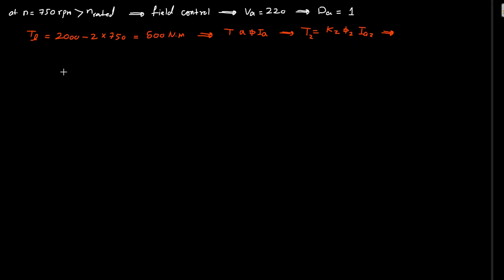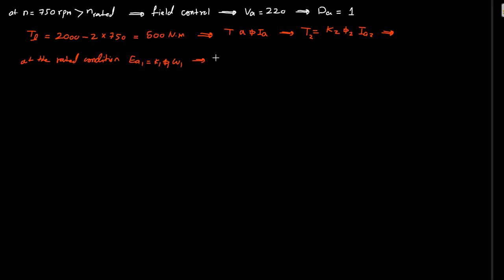Now we need to calculate K phi at the rated condition. So at the rated condition, we know that EA1 is equal K1 phi 1 omega 1.